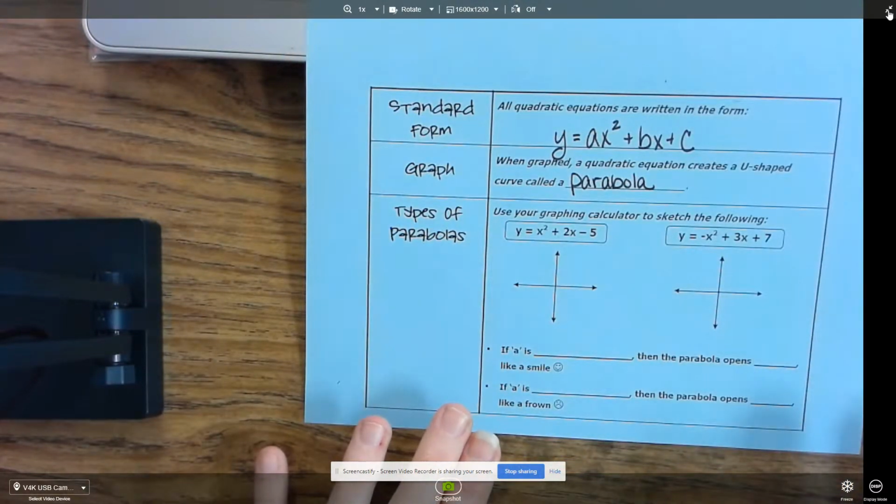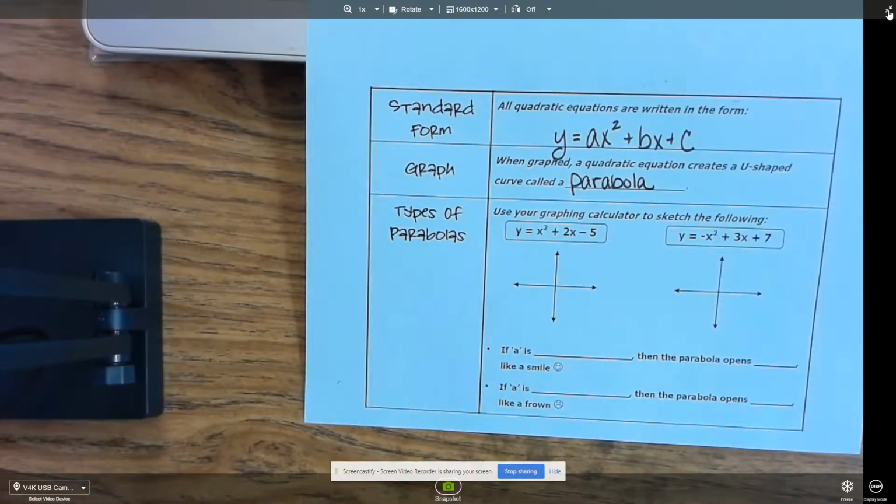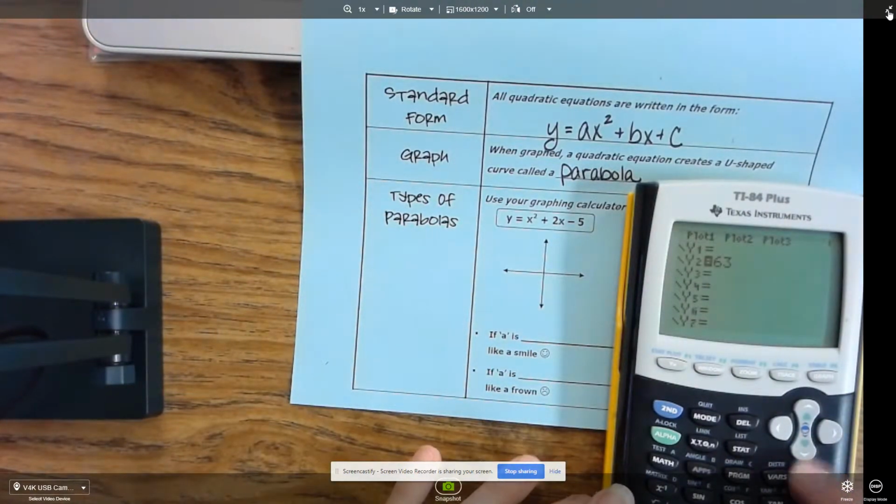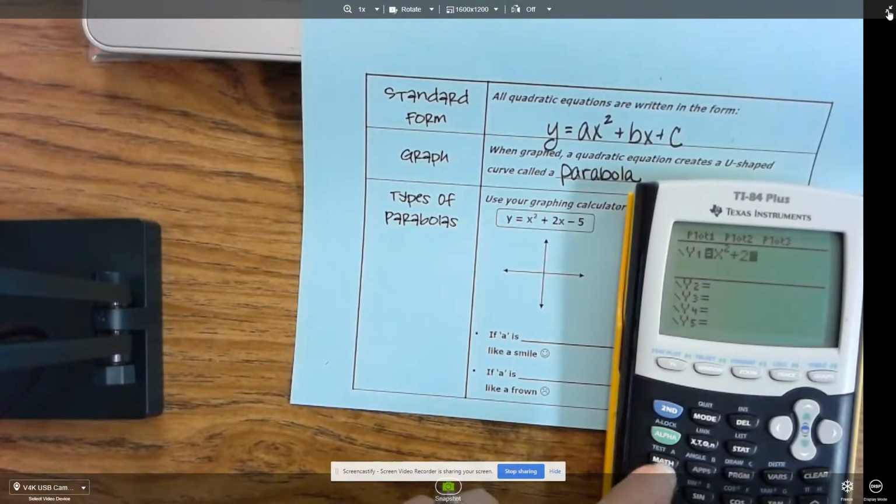It says to use your graphing calculator to sketch the following. So if you would graph these, you'd have x squared plus 2x minus 5.